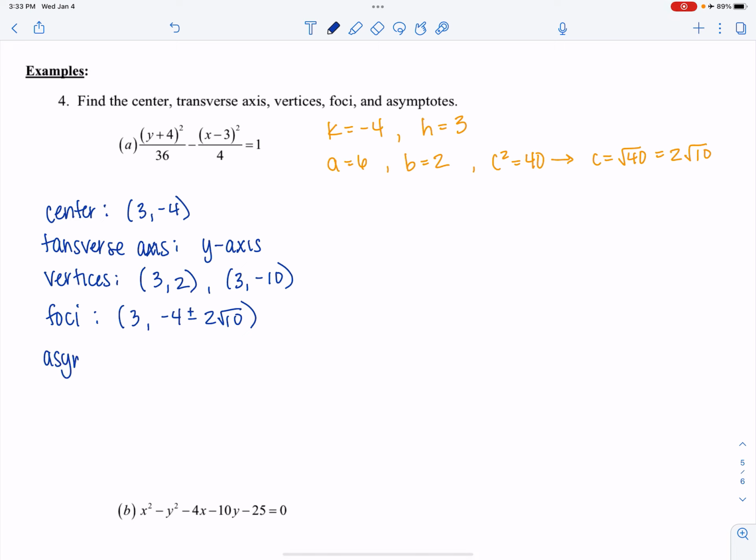The asymptotes are going to be y plus 4 equals plus or minus 3 times (x minus 3). So y plus 4 equals 3(x minus 3), and y plus 4 equals negative 3(x minus 3). Those are both of the asymptotes.